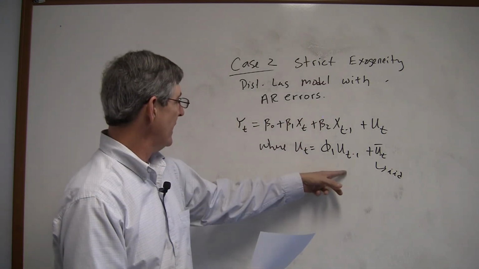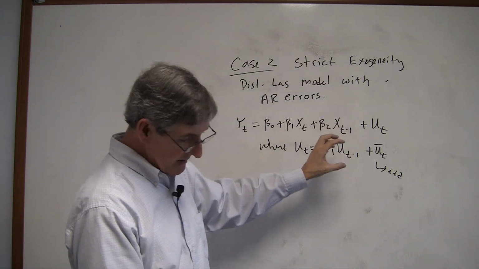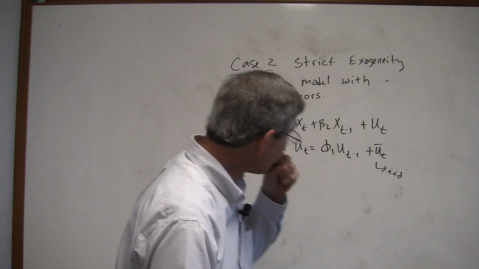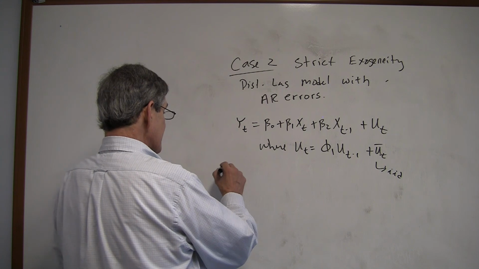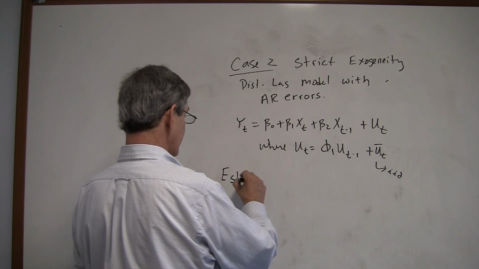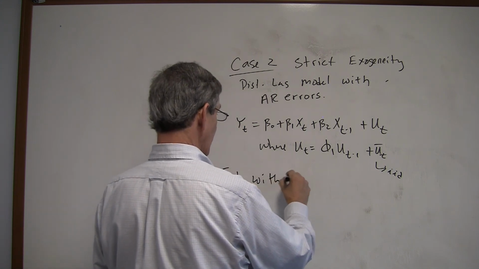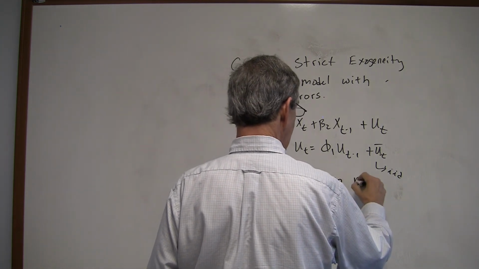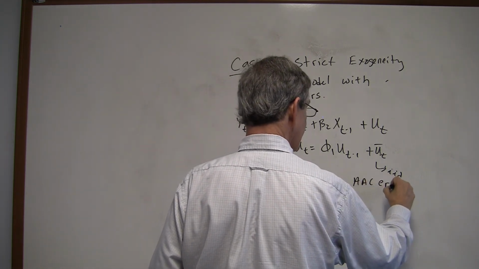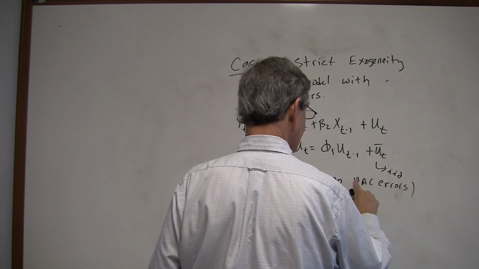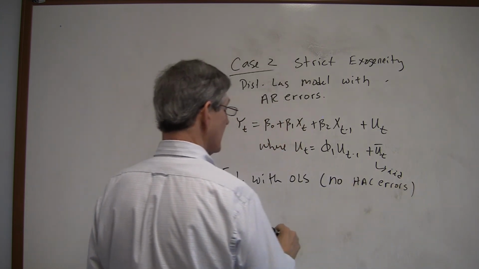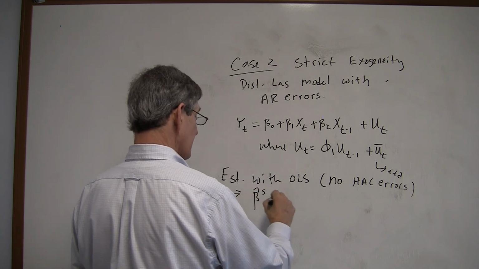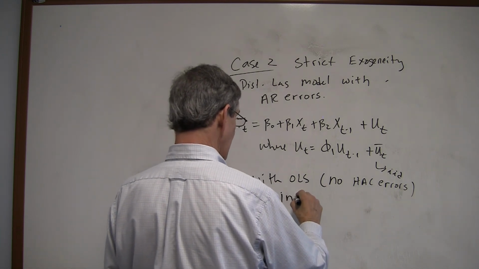This is serially correlated. So if we estimate this, we might have a problem. And in fact, we do. So if I estimate this with OLS, with no HAC errors, the beta hats will be consistent.